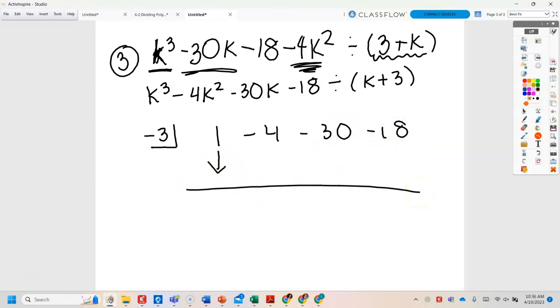Always, always, always bring down the 1 or the 2 or whatever. They set you up to make you think you need the 0, which is why I picked that problem. So you bring down the 1, and then we just start multiplying and adding.